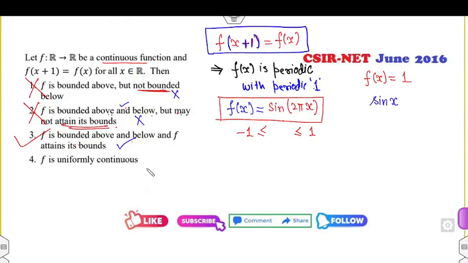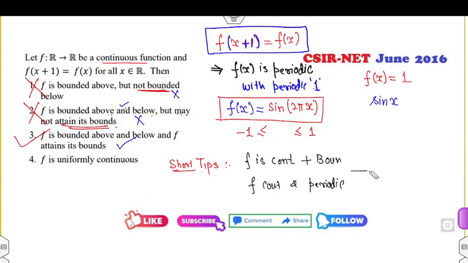Although I will upload the uniform continuity lecture after this, based on your likes and comments, I will tell you the shortcut tip. What is that? If F is continuous and bounded, or you can say F is continuous and periodic, this implies F is uniformly continuous.